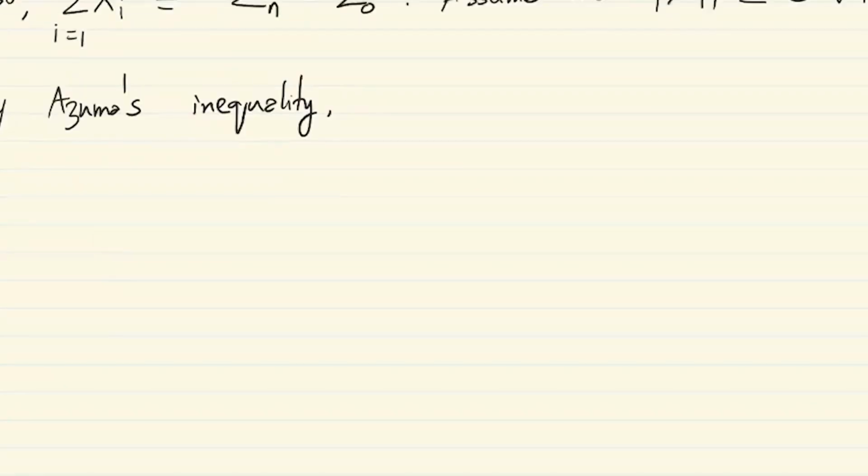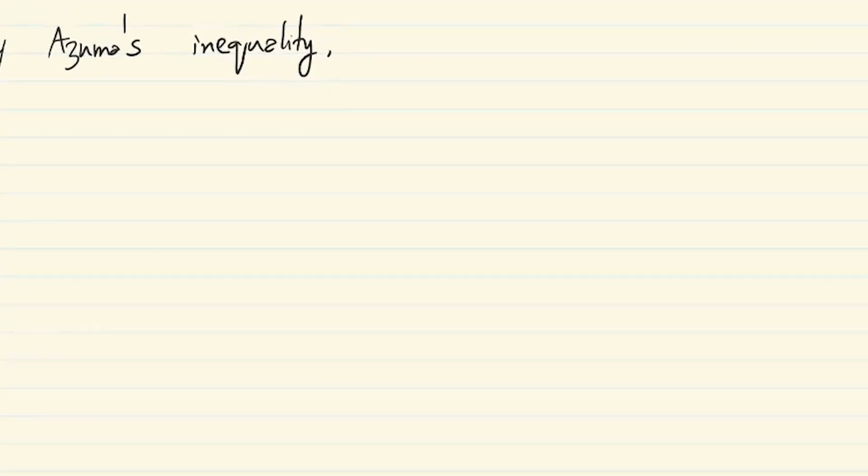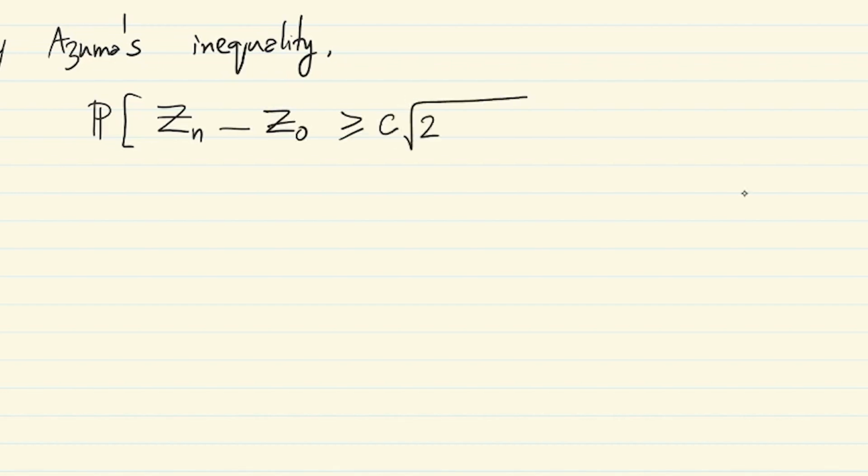If you apply Azuma's inequality to the sum of all these xi's, which are a multiplicative family because they are a martingale difference sequence, we have that the probability that the last term of the stochastic process Zn deviates from the initial value by an amount which is c times root n, roughly c square root 2n log 1 by delta, is a rare event. Okay. It happens with probability at most delta. So this is a straightforward application of Azuma's inequality.